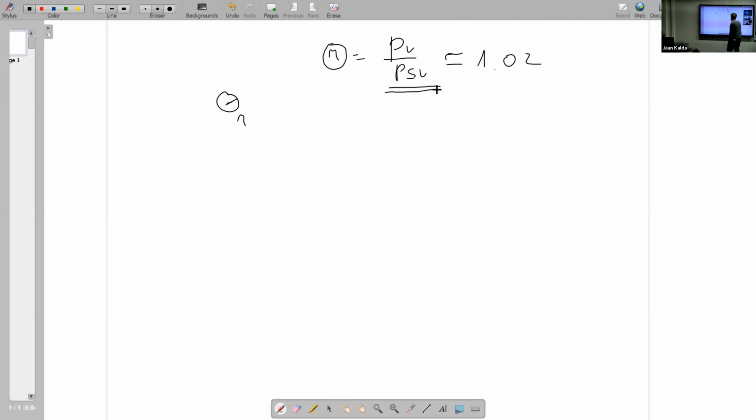Saturation pressure means that we have a liquid-gas interface. Here is the liquid phase, and here is the gas phase. Inside the gas you also have vapor, the liquid in gaseous state. And now you have two processes.